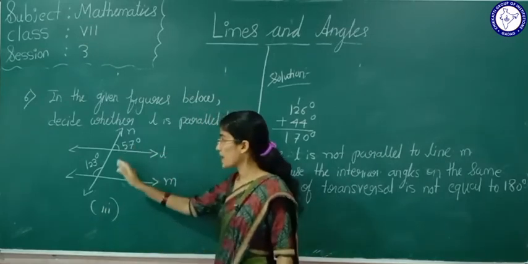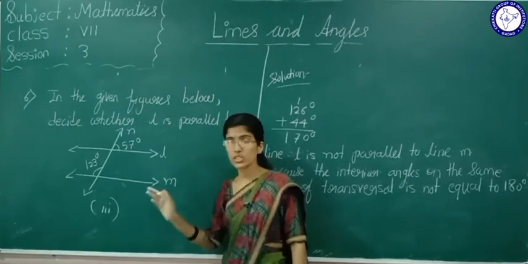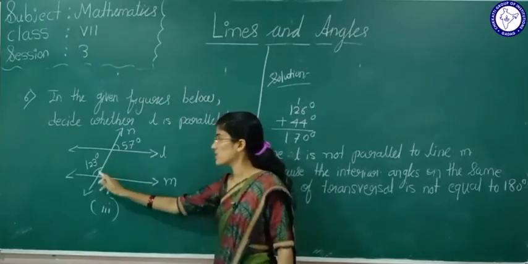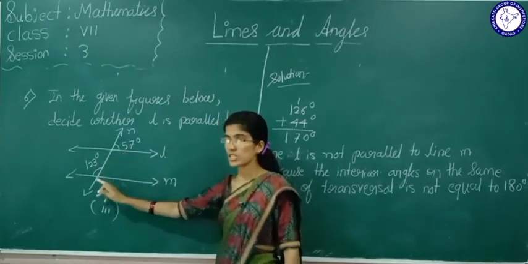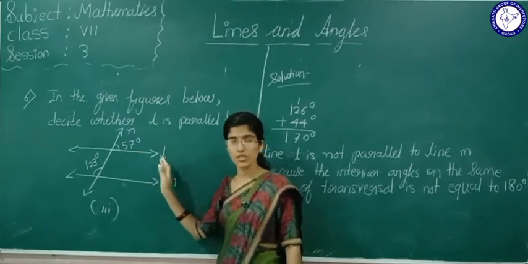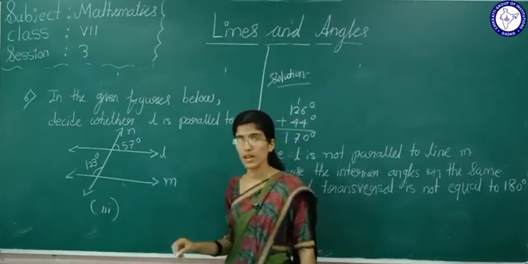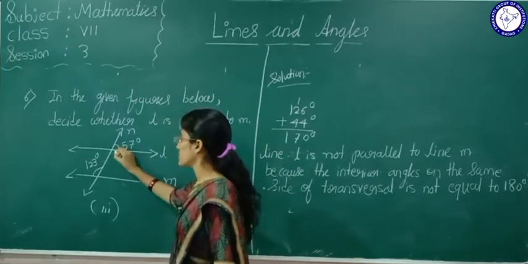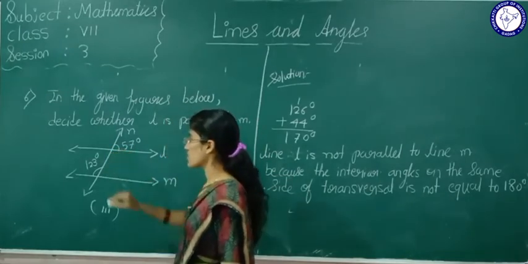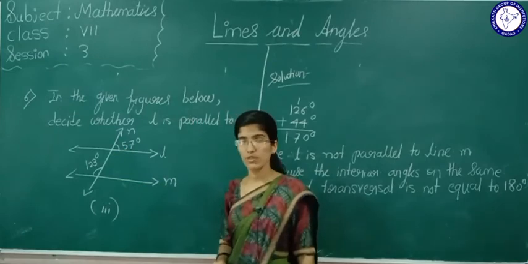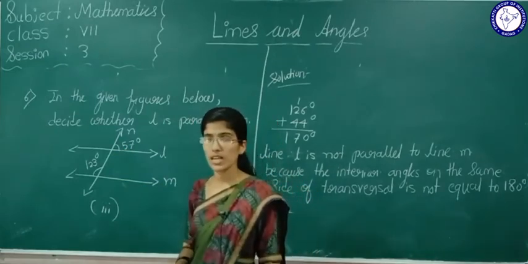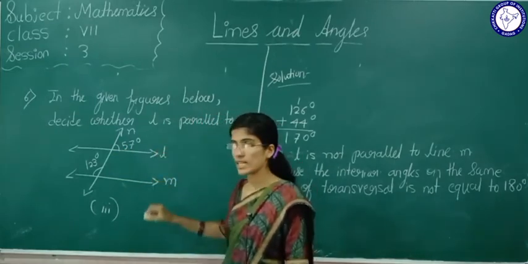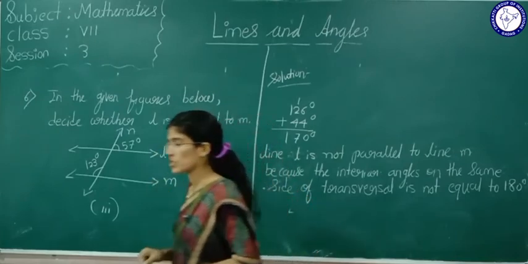Otherwise, if the pair of alternate interior angles are equal, at that time also we can tell these two lines are parallel. Otherwise, if the interior angles on the same side of the transversal sum to 180 degree, at that time also we can tell that line L is parallel to line M. Now we will check here, okay.